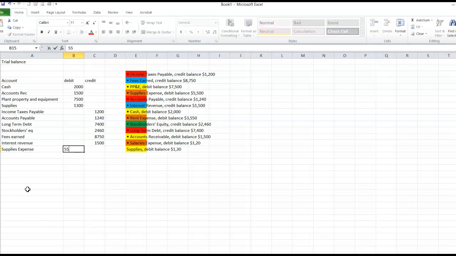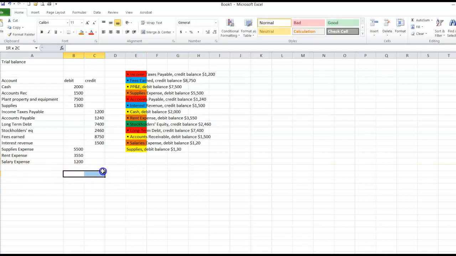Hopefully you guys can follow me on that. Rent expense. Again, a debit balance of 1,200. Forget the fact that the zero is not there. It's 1,200. And then salary expense. That's going to be 1,200. Let's make sure I got everything right. Oh, I'm sorry. Rent expense is 3,550.